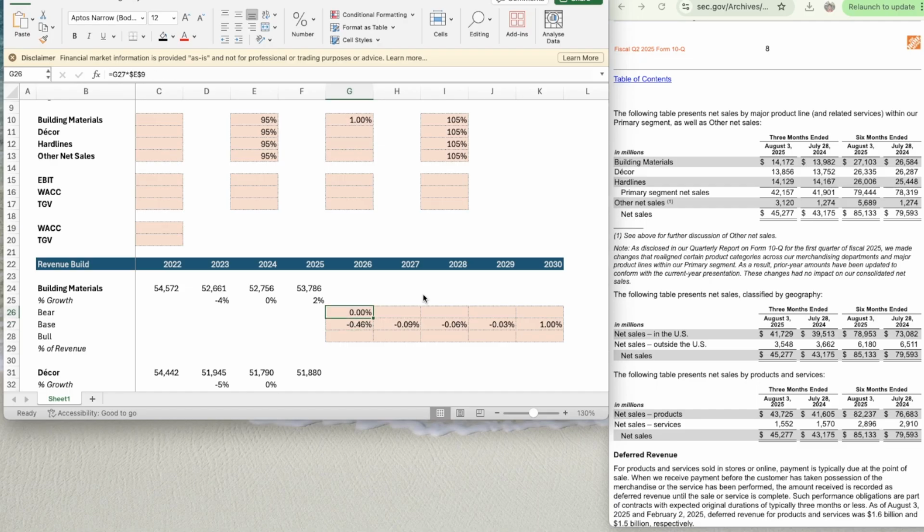This doesn't look good. Oh, that's not really a bear case because it would actually be a better growth rate.